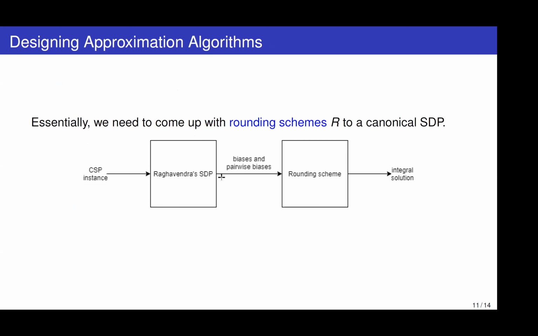So it's not something we construct, but something we obtain from this SDP. Okay, so I guess you deduce that there exists such a distribution because they come from the SDP, right? Yes.